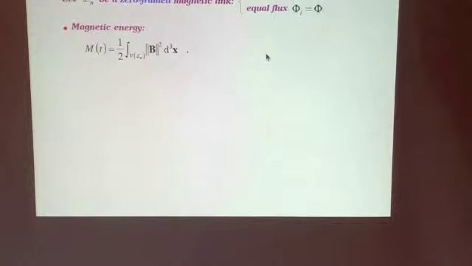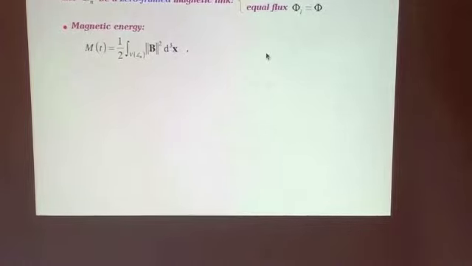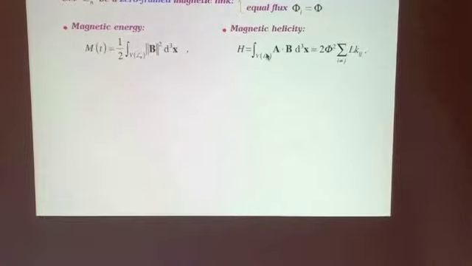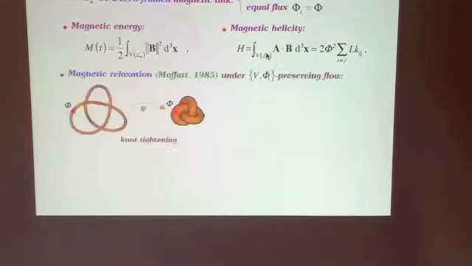Then we have this important quantity. I use the half in front of this integral. This is magnetic energy. Remember, magnetic energy in this context is not an invariant, nor is kinetic energy. But magnetic helicity is invariant because of the zero framing. This simplifies to the form of linking between structures.